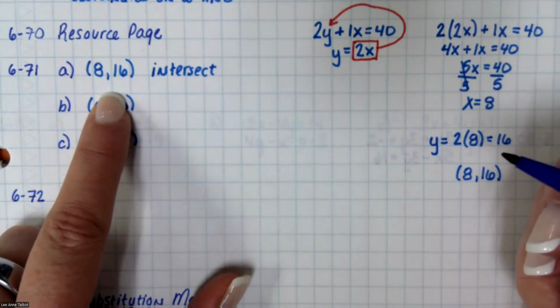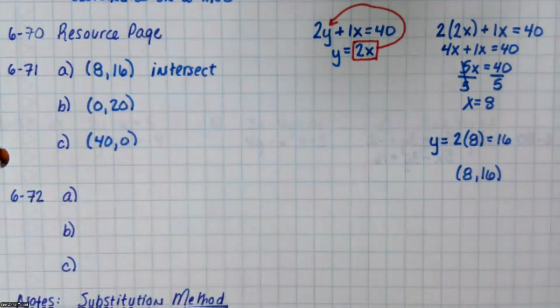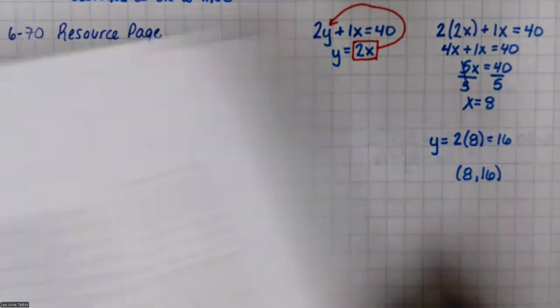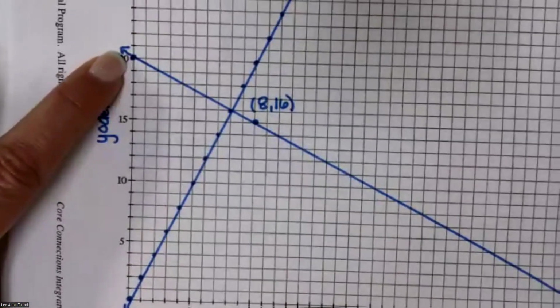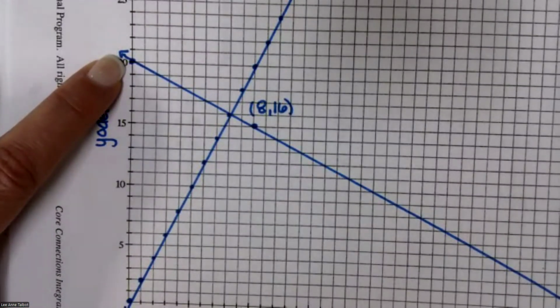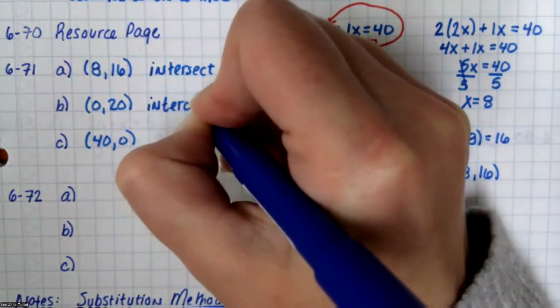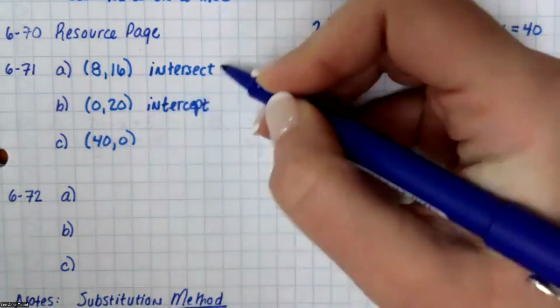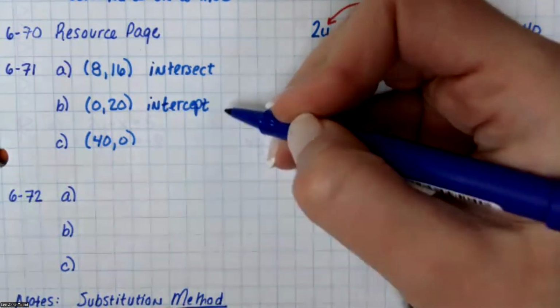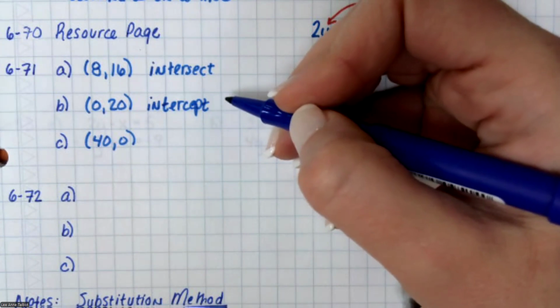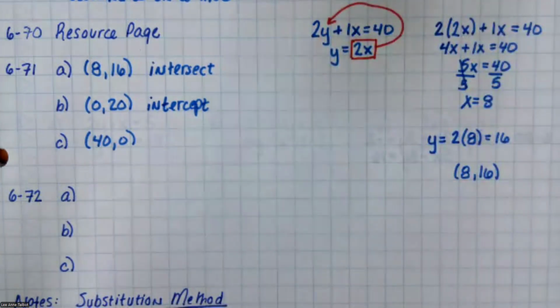Are you guys okay? Okay, now this point 0, 20 is an intercept. Why intercept? Intersect, intercept. Intersect is where they cross.